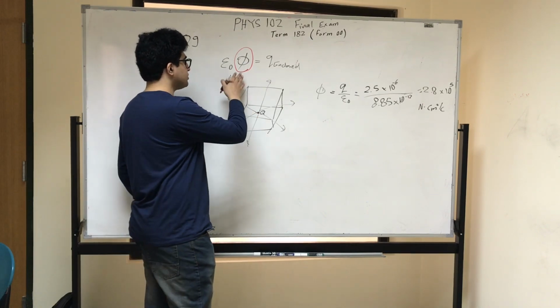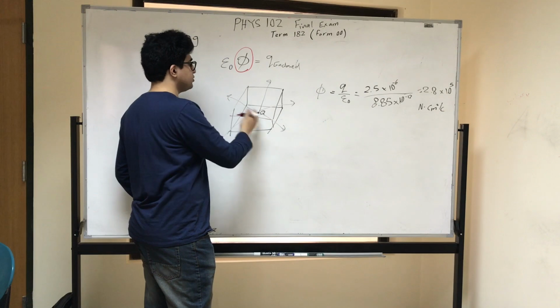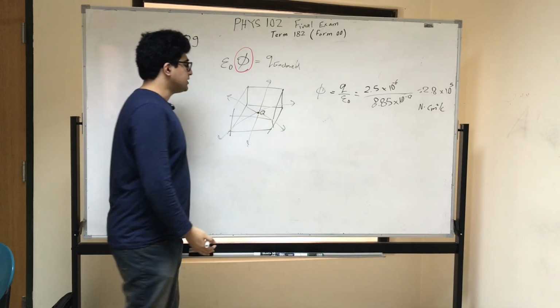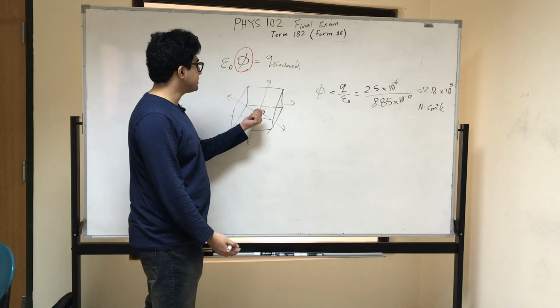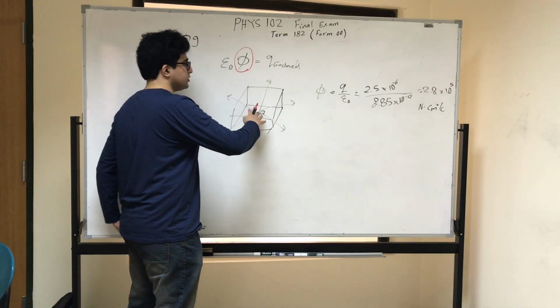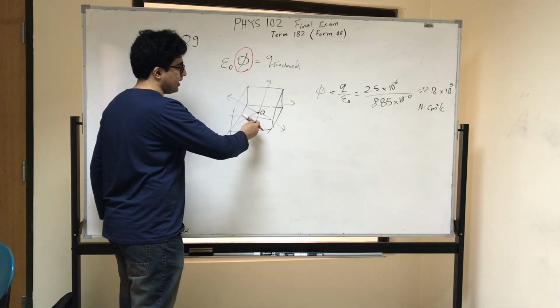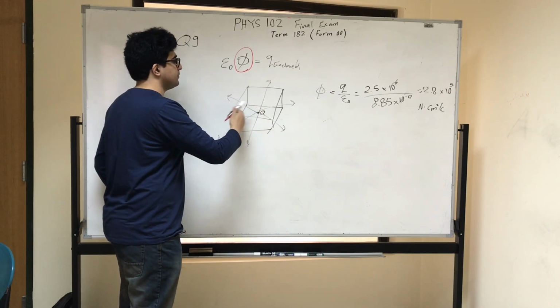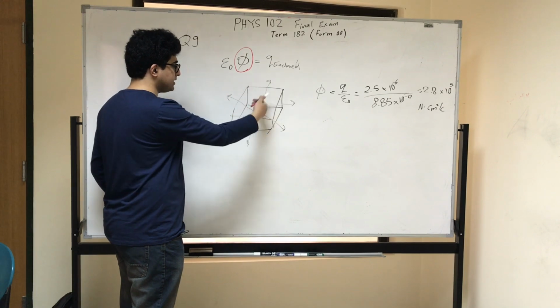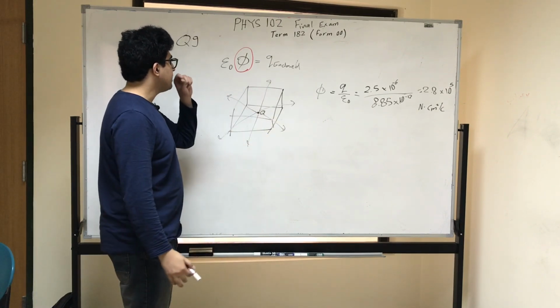We're asked to solve for the electric flux produced by this charge. Any charged particle is going to produce electric field lines inside the cube, and the flux is basically the lines that pierce the cube.